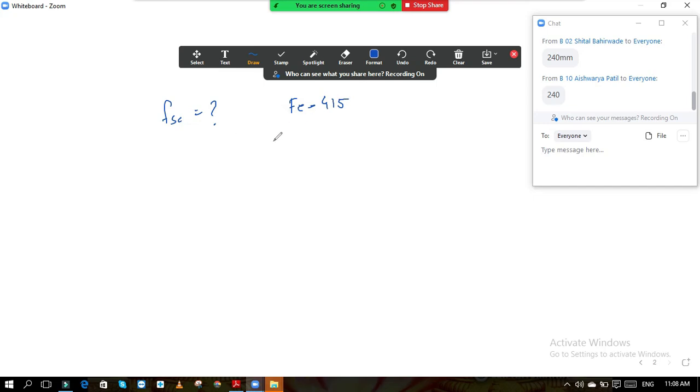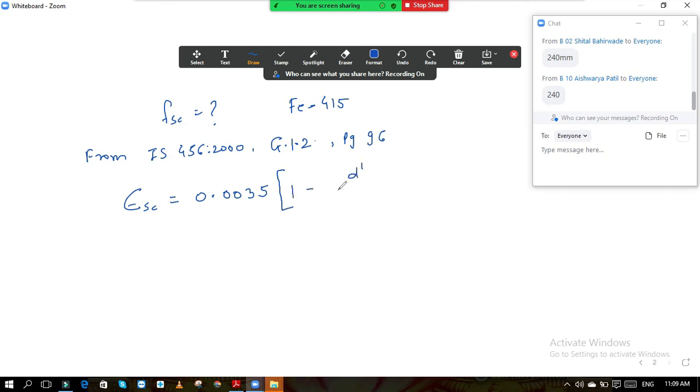So for this we need to calculate the strain first. As I have told you already, here I will write once again from IS 456 2000 G 1.2 page 96. Epsilon SC is equal to 0.0035 in bracket 1 minus D dash upon XU max.